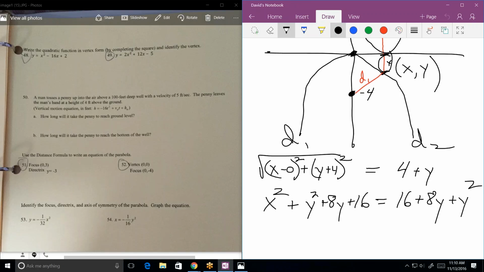X minus 0. It's not y plus 4. It's y minus 4. And it's not real easy to see why that's true, other than to once again notice that y is negative.